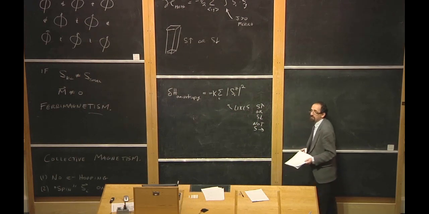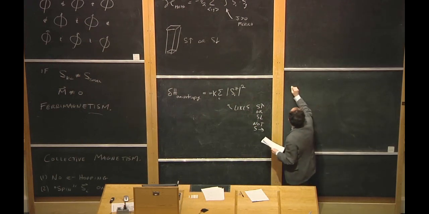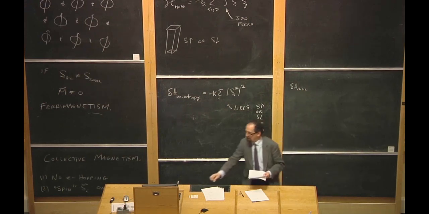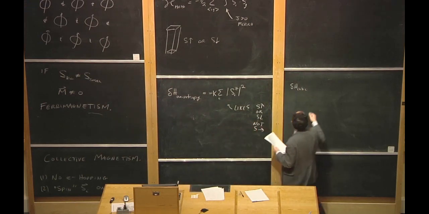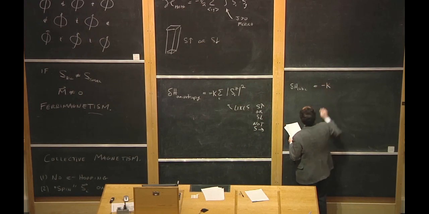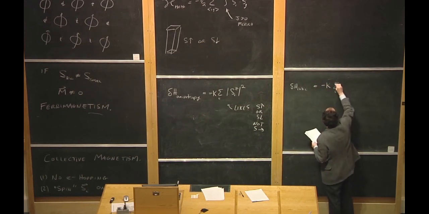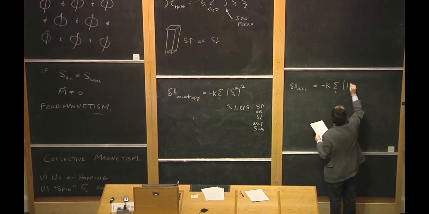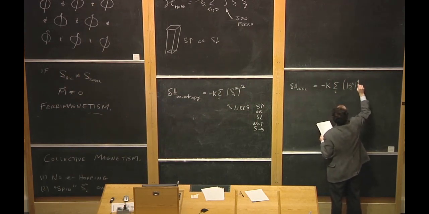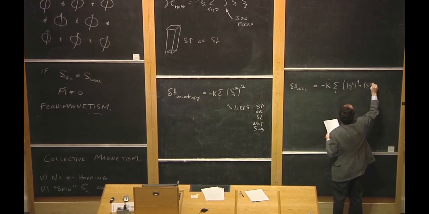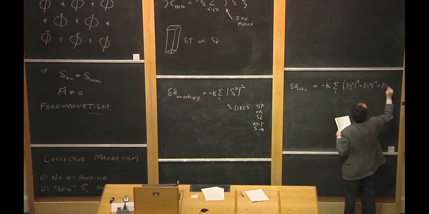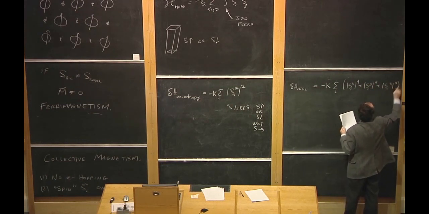Now, for a cubic crystal, you might expect something, H cubic, which is a little more complicated, that would allow the spin to point along any of the crystalline axes, but not in between the crystalline axes. And an appropriate Hamiltonian for that might be something like this: Six to the fourth plus Siy to the fourth plus Siz to the fourth.